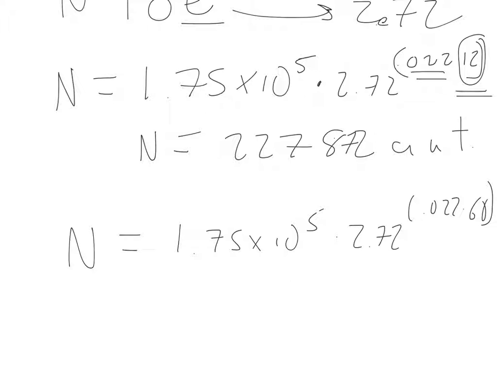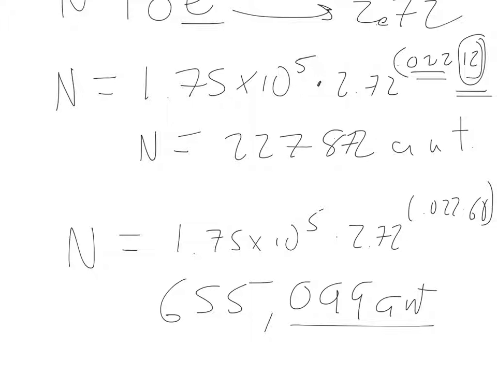And when we multiply this out, you should get something close to 655,099 ants. Something around there. I think when I did the calculations, I utilized the e button on the calculator, so you might have something slightly off, but you should be close.